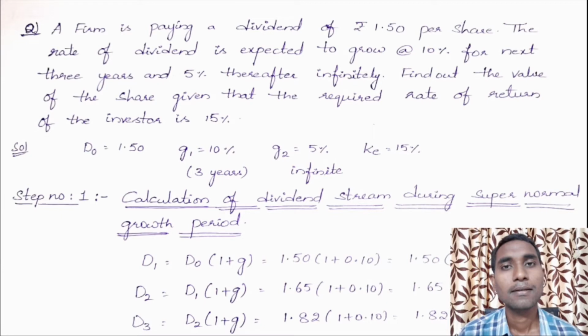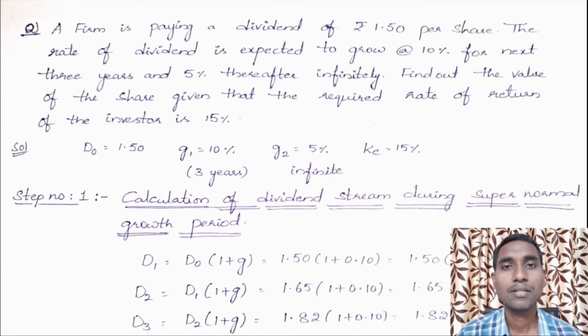The first category of models is dividend discount models, under which we are done with the single period holding model, the multiple year holding model, and the third model, the constant growth model. We have recently done with the constant growth model also.